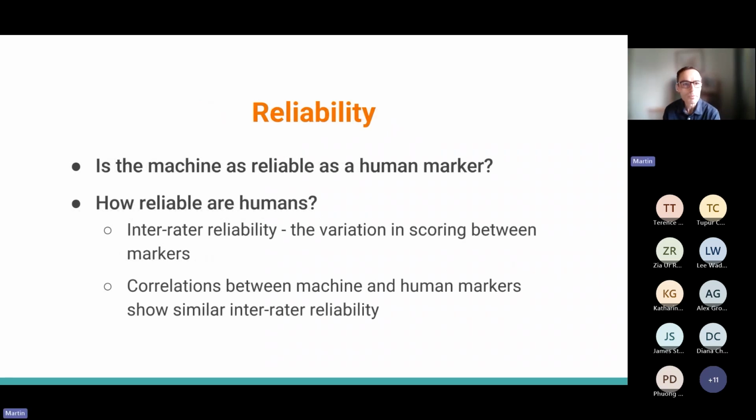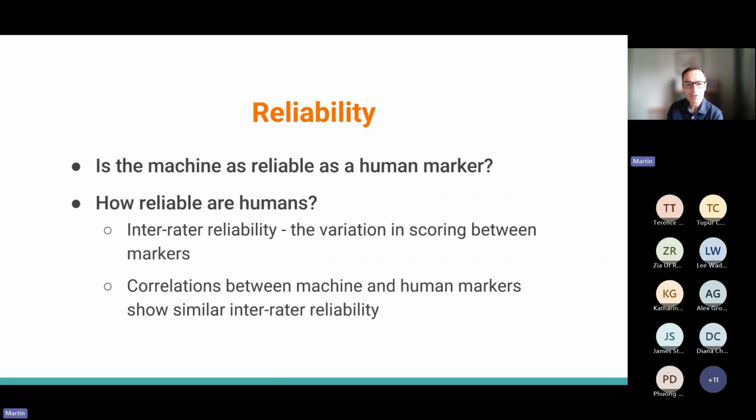And I suppose ultimately the question we want answered is: is the machine as reliable as a human marker? But if we're used to marking tests with humans, we know that humans are not all as reliable as each other. So we're always monitoring and measuring inter-rater reliability. In other words, we know there will always be variation in scoring between different markers.